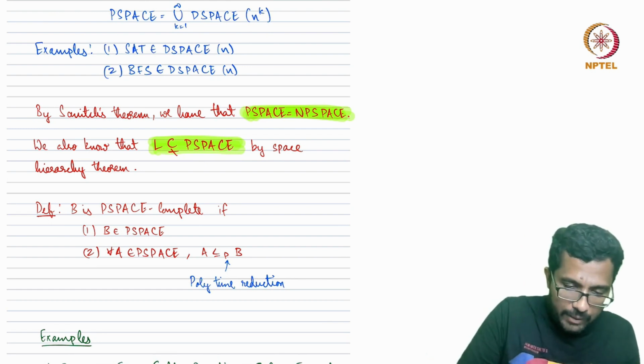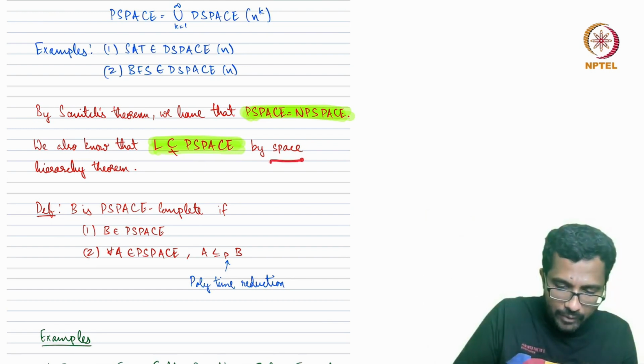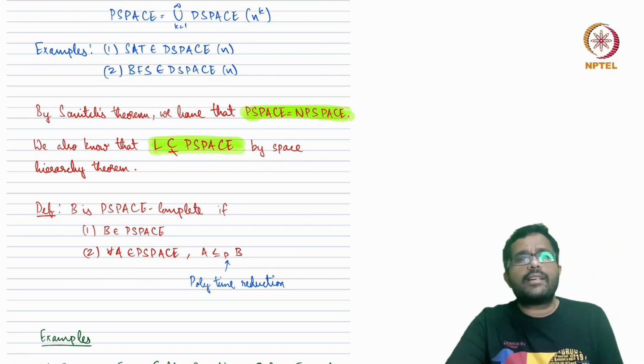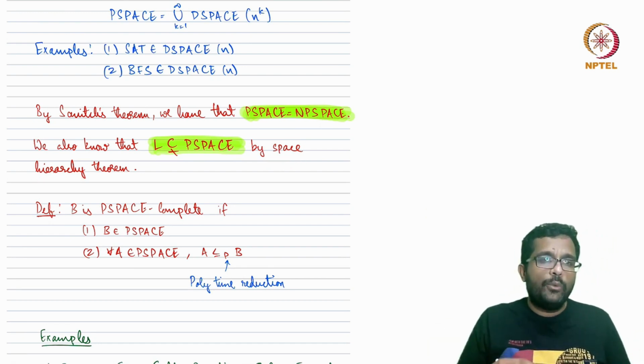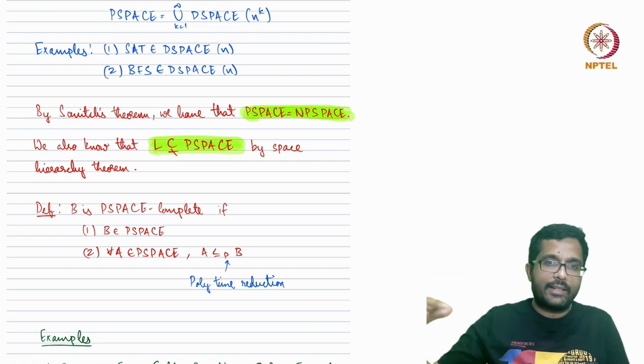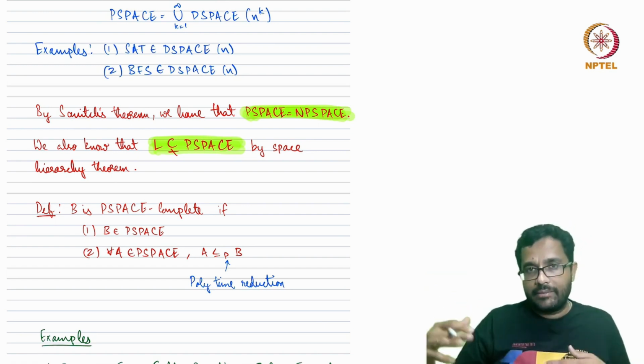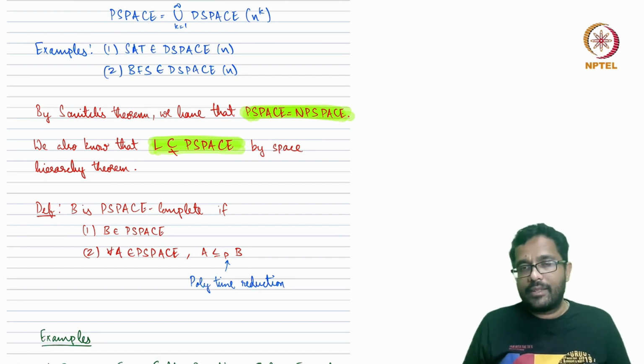This is by something called the space hierarchy theorem, which is another topic that I will not cover. The space hierarchy theorem basically says that if you have two functions, let's say n cubed and n squared, n cubed is clearly bigger than n squared, meaning the limit of n cubed divided by n squared tends to infinity.